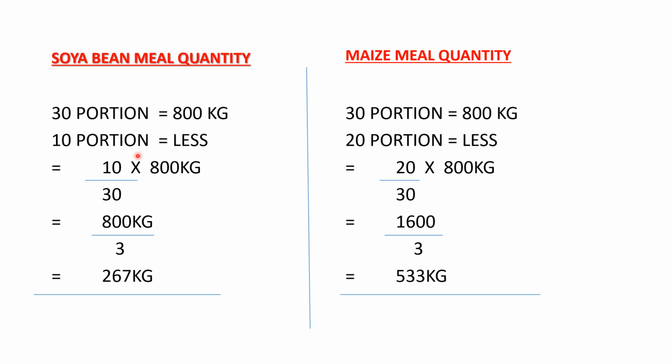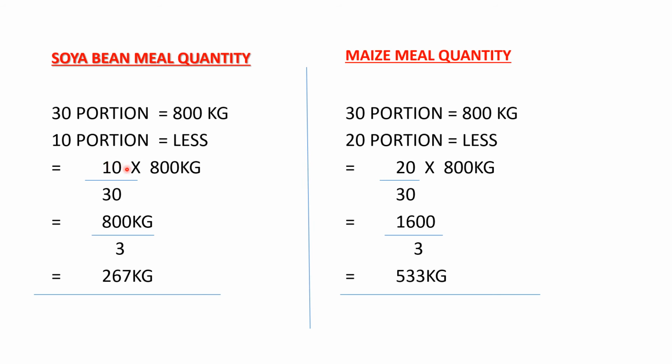On the last step, we developed that 10 portions should come from soybean meal. So we say if 30 portions represent 800 kgs, what about 10 portions? It will be less kg.